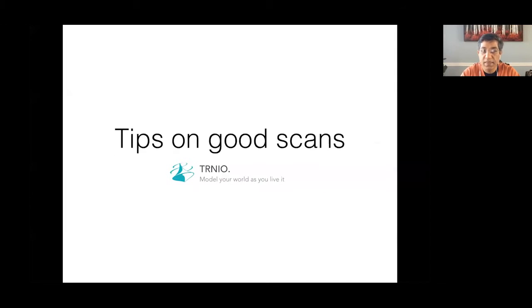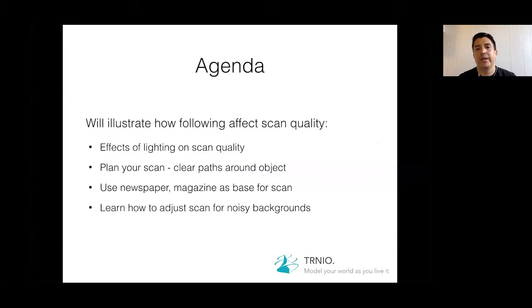What I wanted to show is that I took the same object and scanned it in the good way and in the bad way, and then I'll walk through the effects of the following four factors on the quality of the scan. The first one is the effect of lighting on the scan quality.